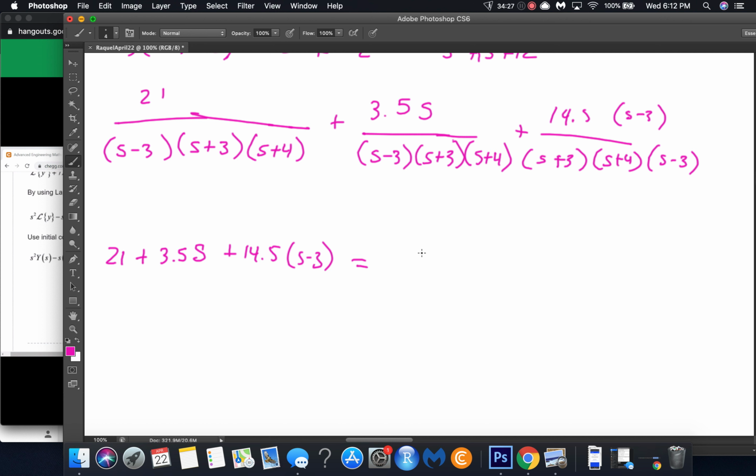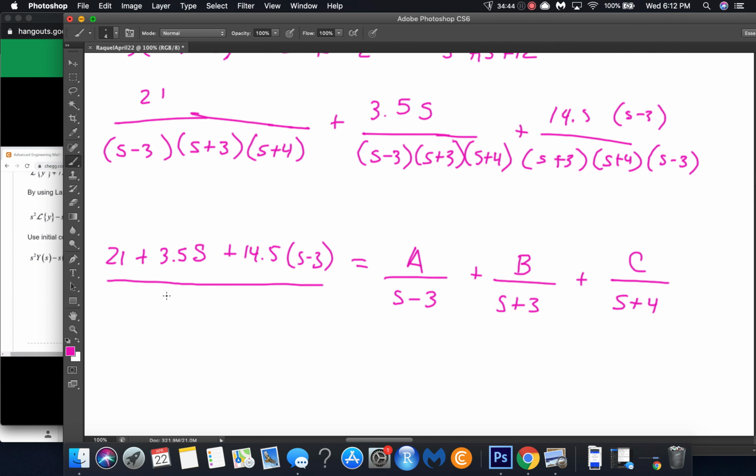Well, the decomposition: A over s minus 3 plus B over s plus 3, then plus C over s plus 4. I don't want you to think that I'm giving you the wrong information, but that's how you start this.